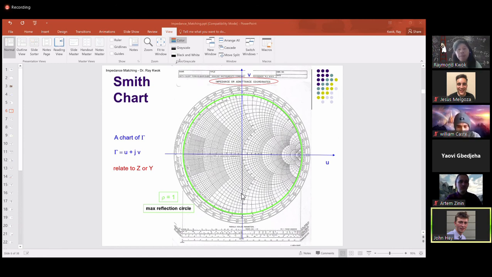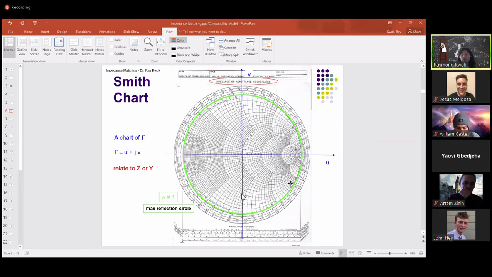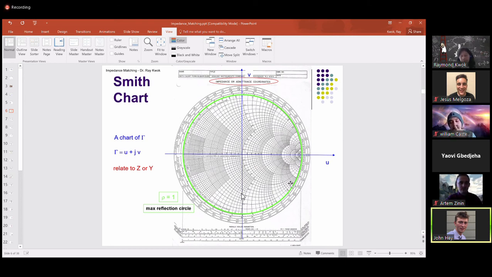Yes. So the biggest circle, the one centered at the origin on the UV plane, the max reflection circle, that means the magnitude of gamma is 1. So it also means that the normalized resistance is 0.